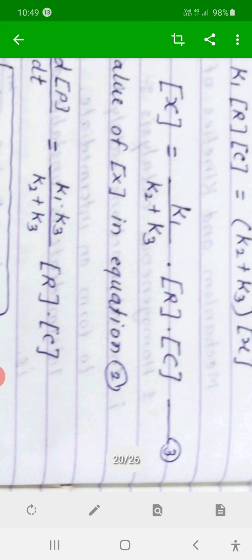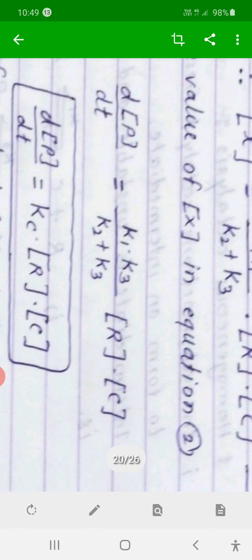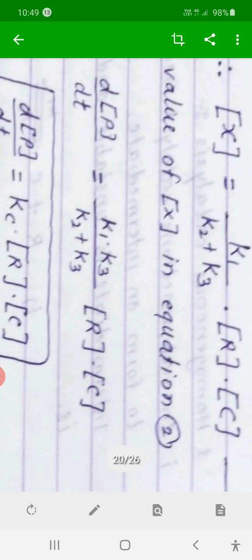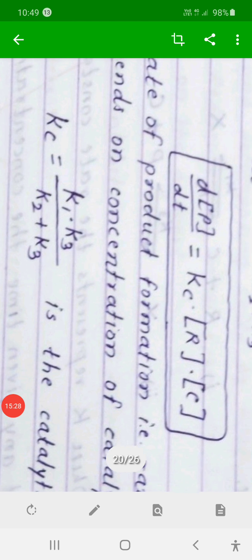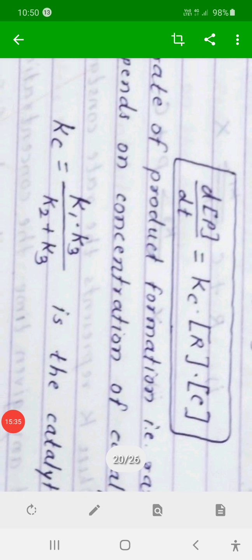Substituting that in the dP by dt equation, K3 is as it is, therefore K1 into K3 upon K2 plus K3 into concentration of R into concentration of C. Then dP by dt is equal to Kc, a new constant, into concentration of R into concentration of C.